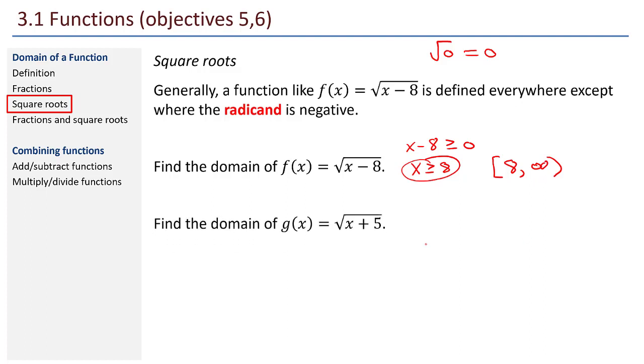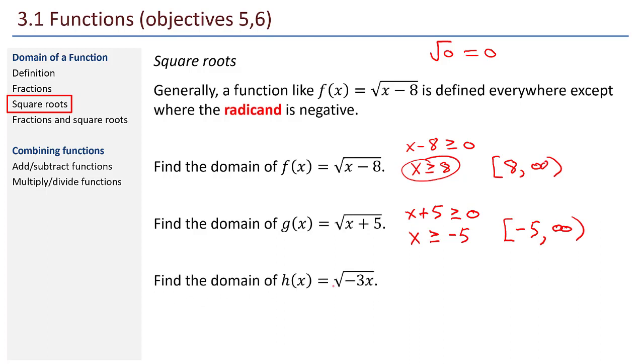How about this? g of x, the square root of x plus 5. Well, let's see here. x plus 5 must be greater than or equal to 0. So x is greater than or equal to, I'll subtract 5 from both sides, negative 5. So it looks like my domain in this case is negative 5 up to infinity.